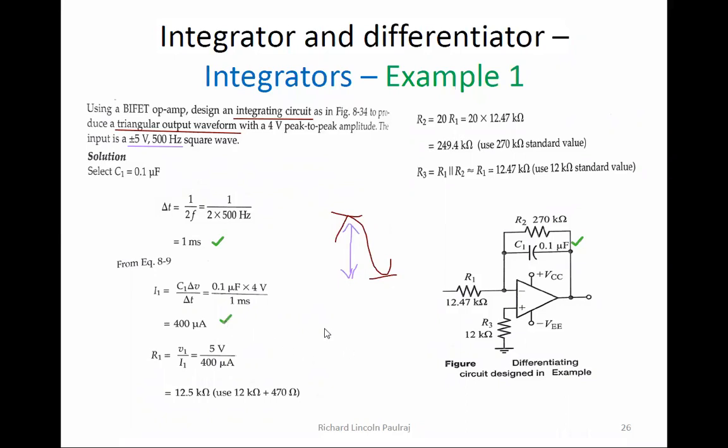Now R1. As we all know, V is equal to IR, so R1 is V1 by I1. V1 I have here as plus or minus 5 volt, and I1 I have calculated as 400 microamps. So 5 divided by 400 micro, and you should be getting about 12.5 kilo.